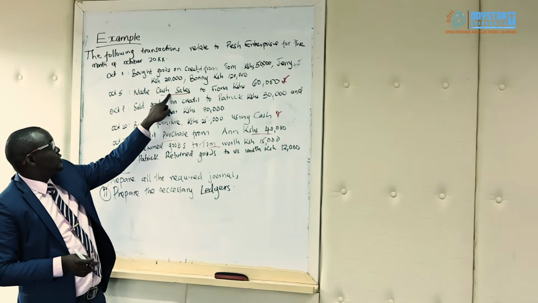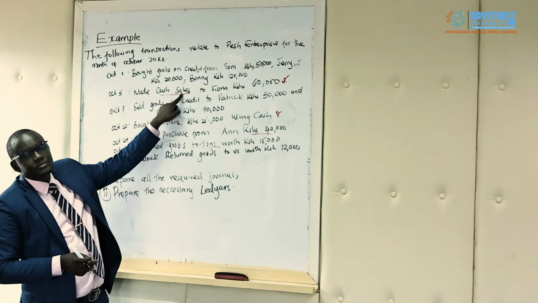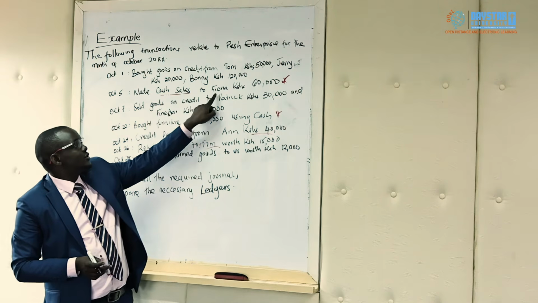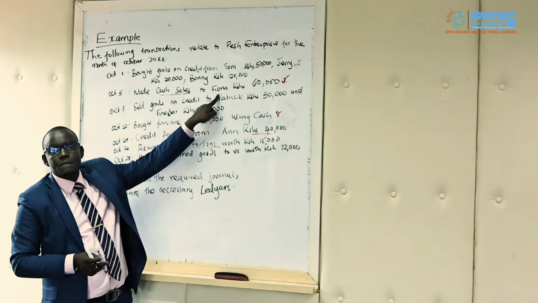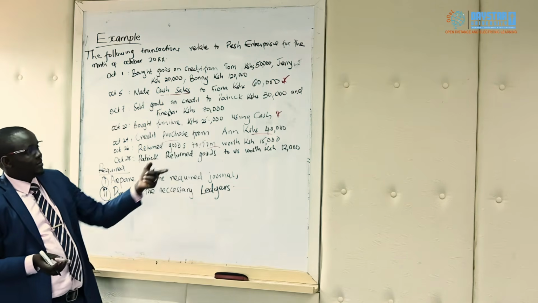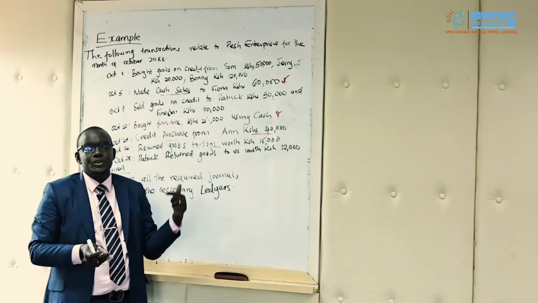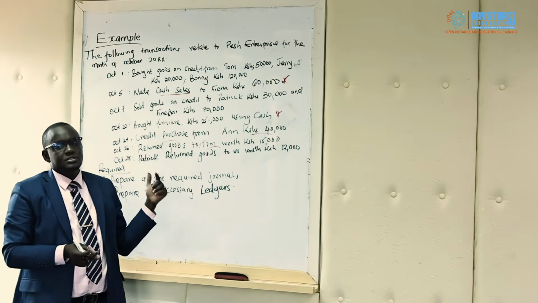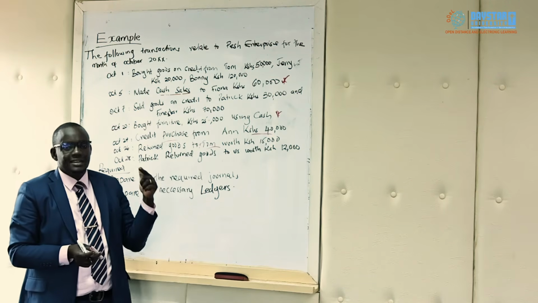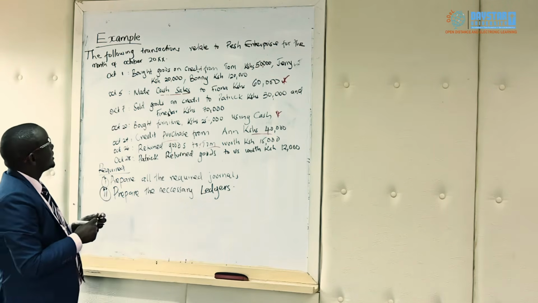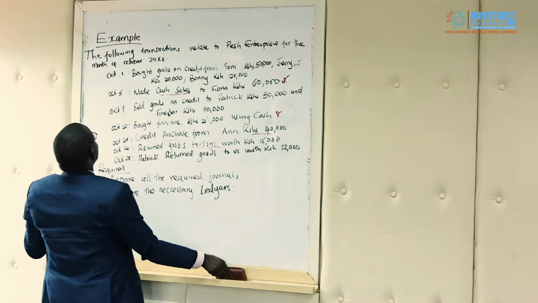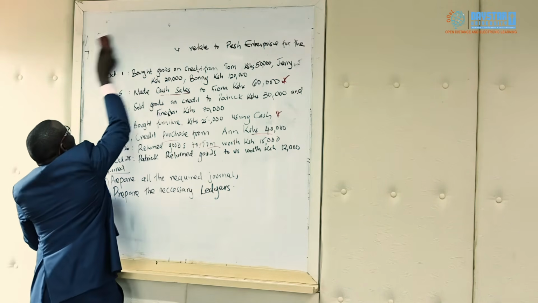For this, if you have to do ledgers, you go to sales, you credit sales, you debit Fiona. We can do that, but I want first to show you how to record ledgers from journals. Let me rub part of this.